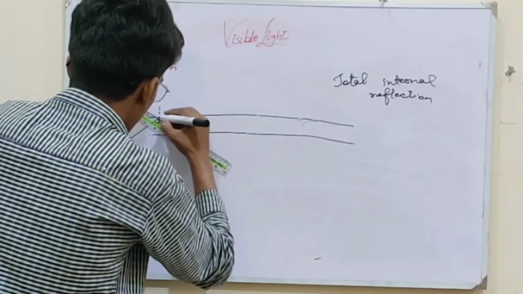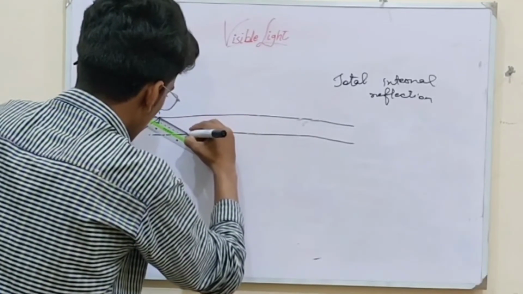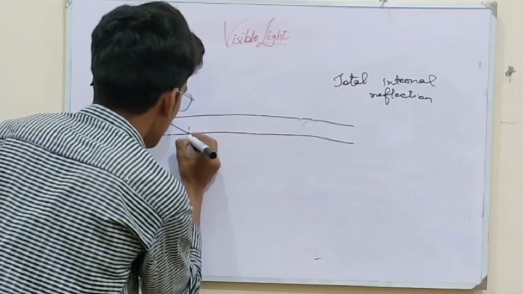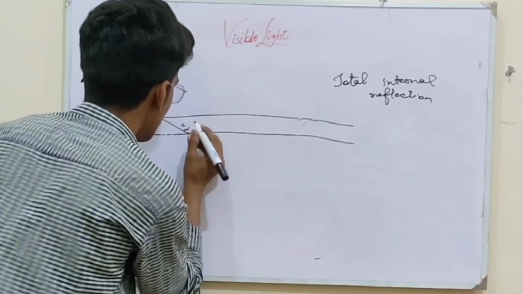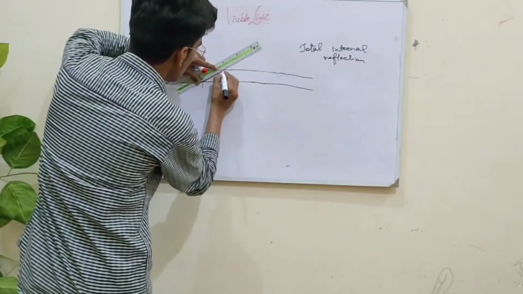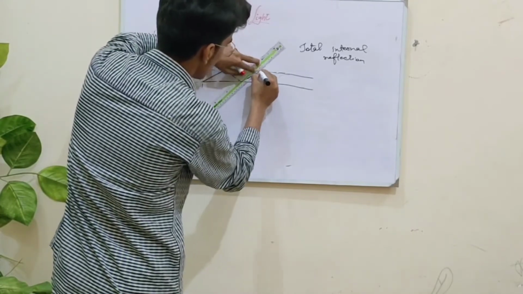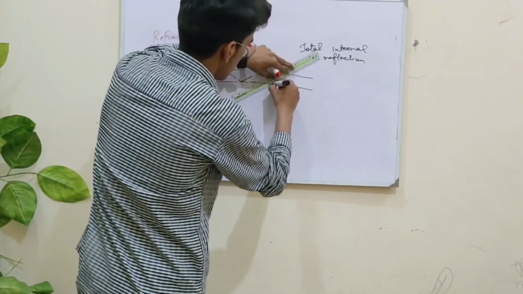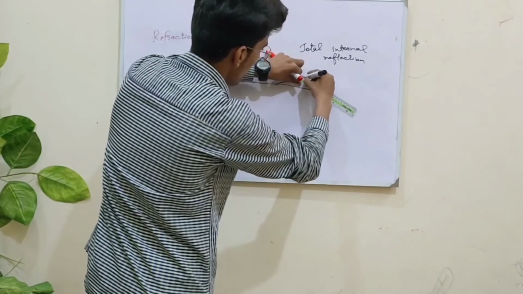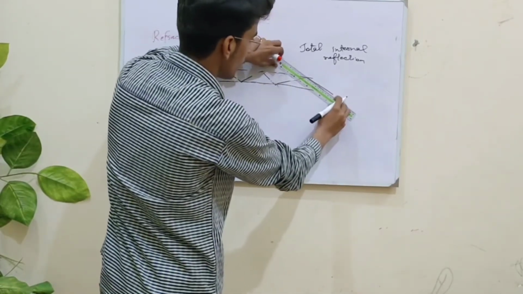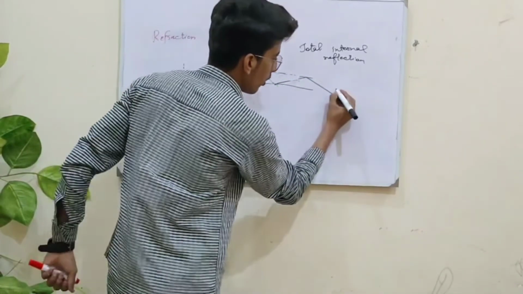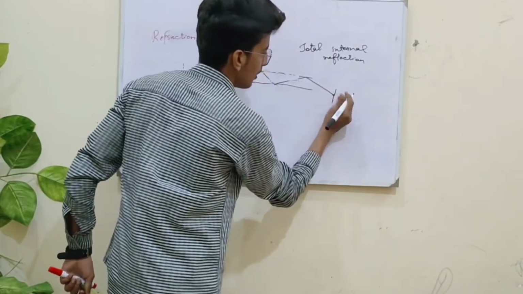So total internal reflection would take place, and the ray would go here. Here it would also be greater than the critical angle, so this would continue like this. The man on the other end of the wire could see or project this image and receive the message.